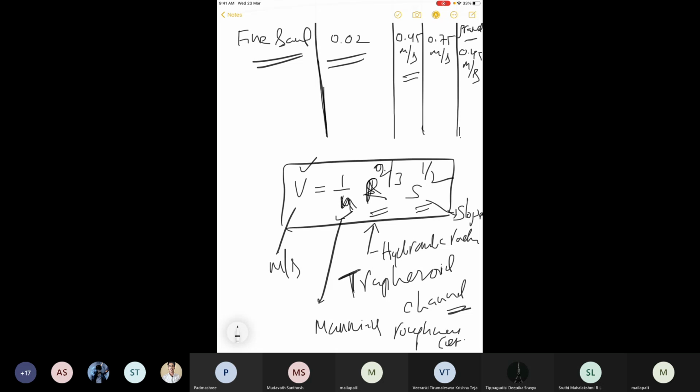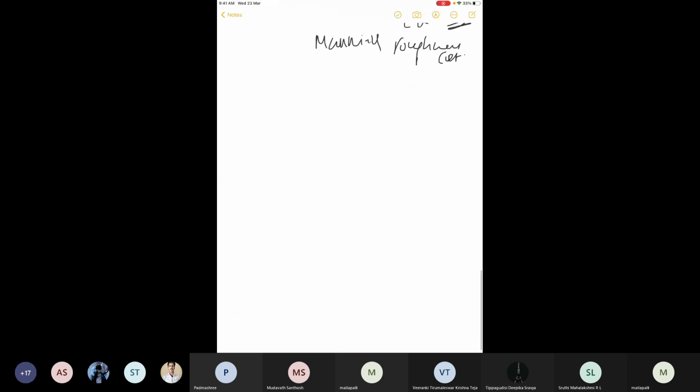So this way you can find out the cross-section. Generally the cross-section we consider for the channel will be trapezoidal. It has a side slope that is Z to 1.